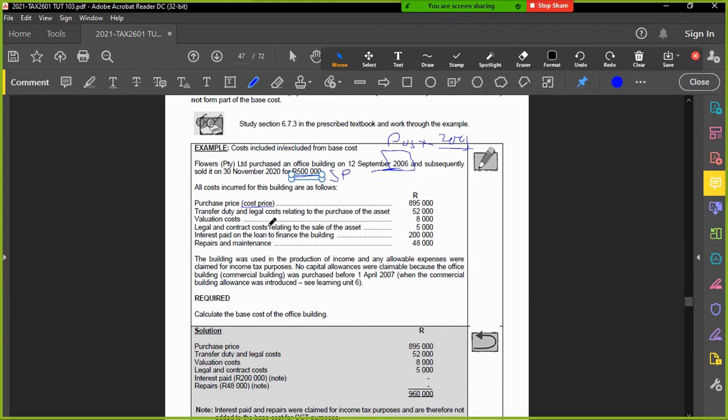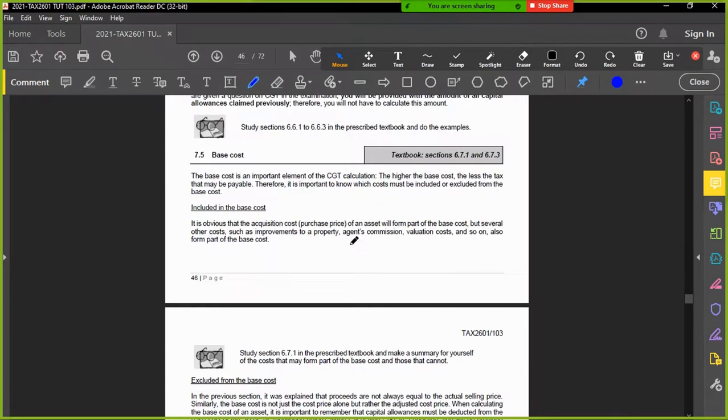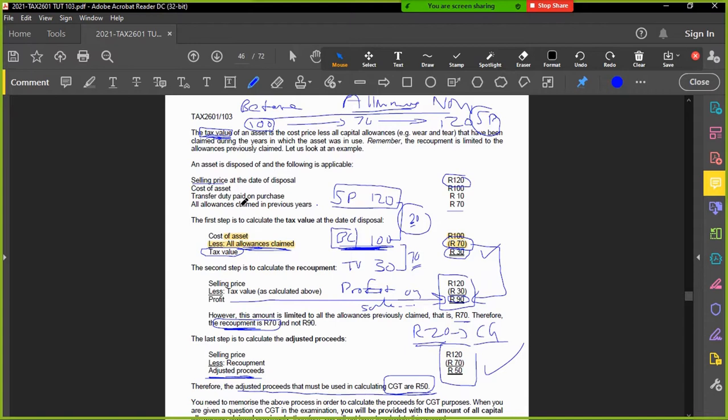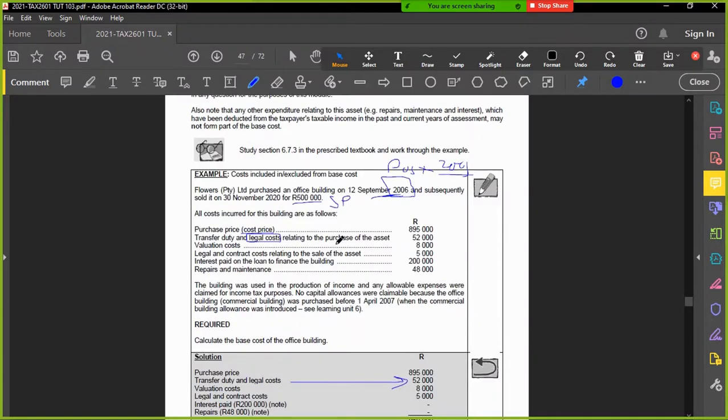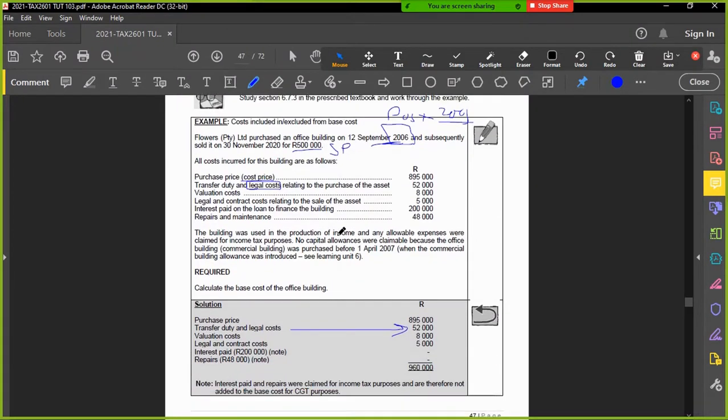Legal and contract. Okay, so this was transfer duty and legal costs. I see they've added it here in this one, but they didn't add it in this one, because this was only the transfer duty paid on the purchase. They haven't split it out. They haven't included it here; this is looking at base cost for CGT.